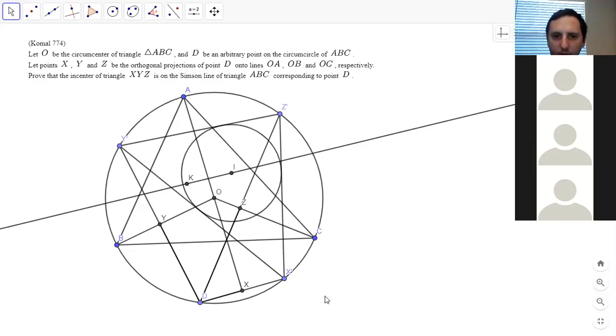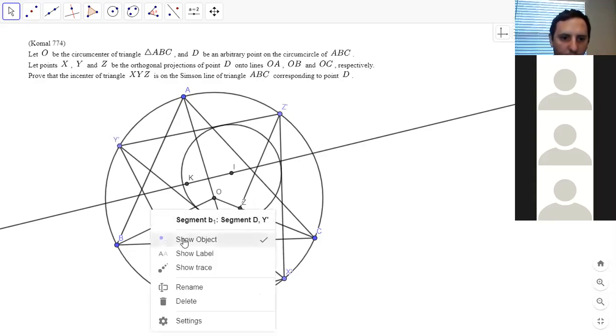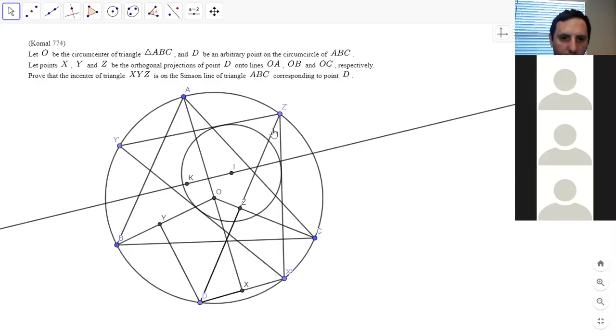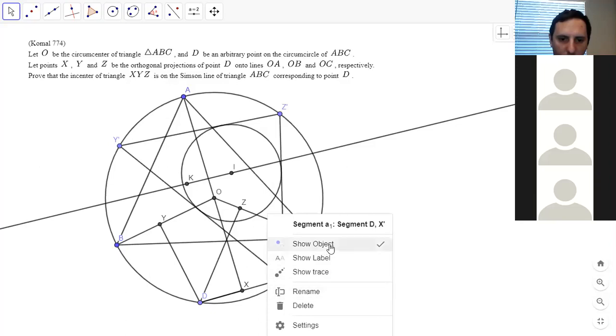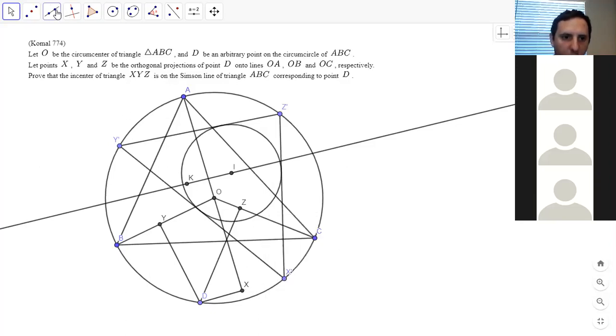You can make some of the segments thinner then. Oh, like, yeah. Oops.